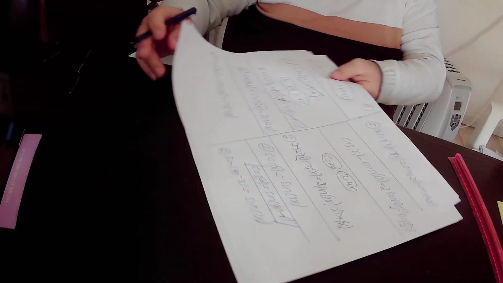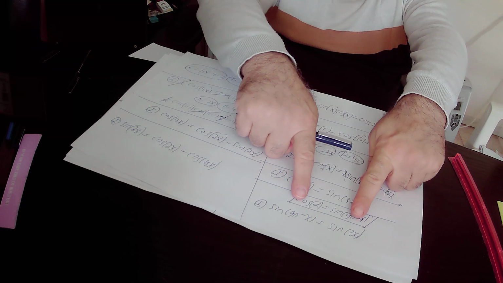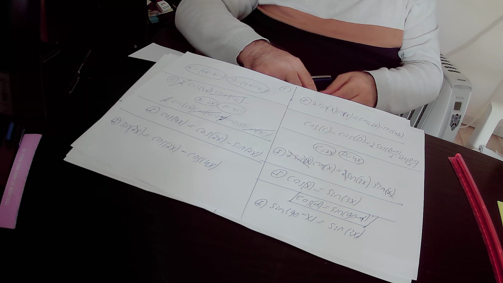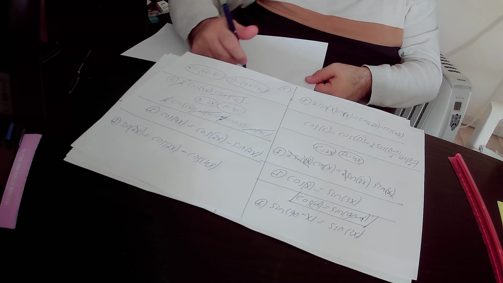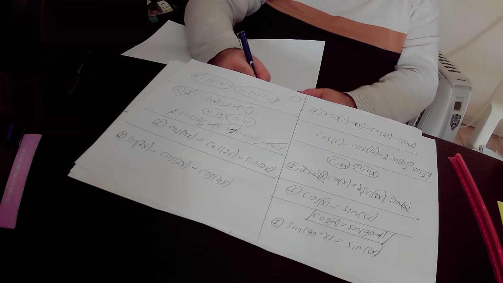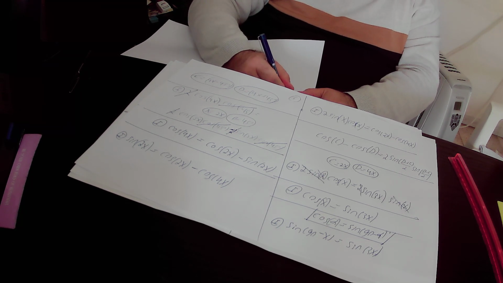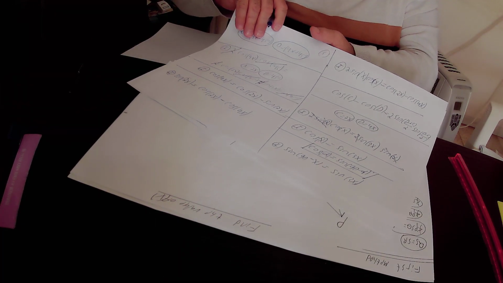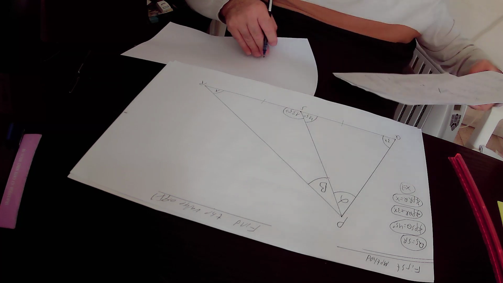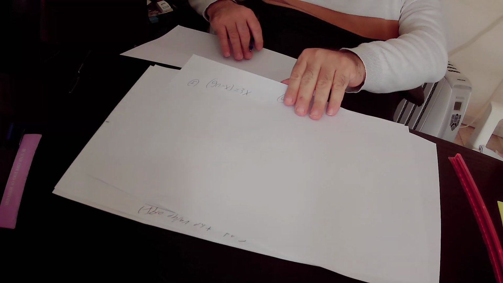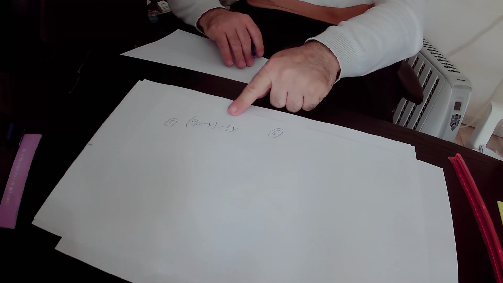So here we will get that 90 degrees minus x equals 3x.